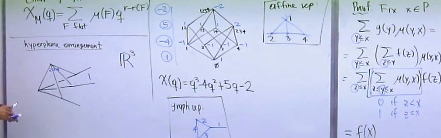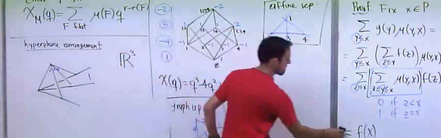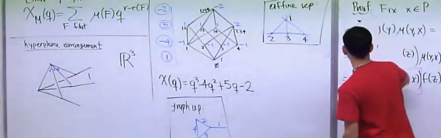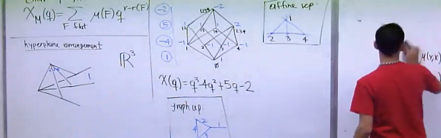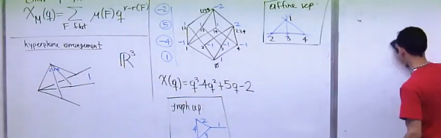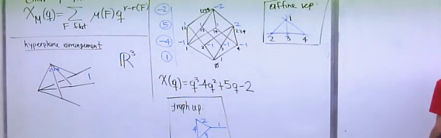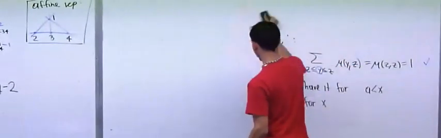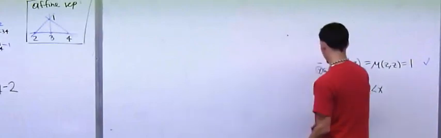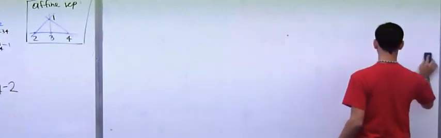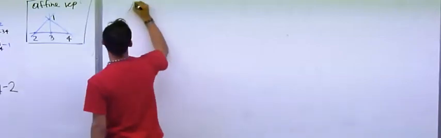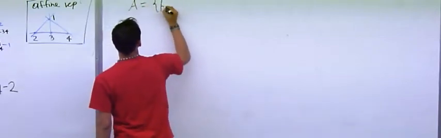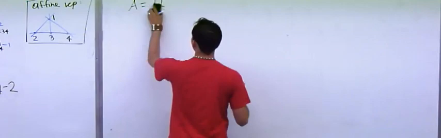So what we said is that a hyperplane arrangement determines a matroid. This was part of homework 1. And let's remember how that matroid is defined. So A is a hyperplane arrangement.